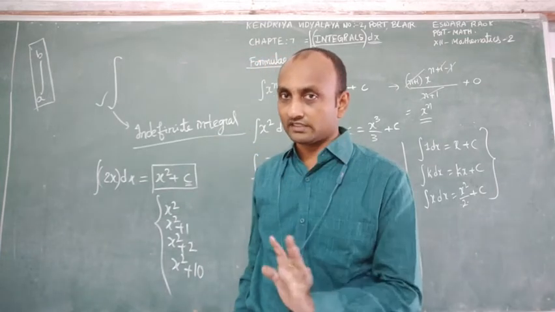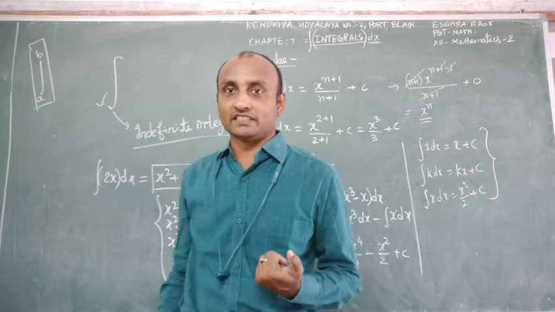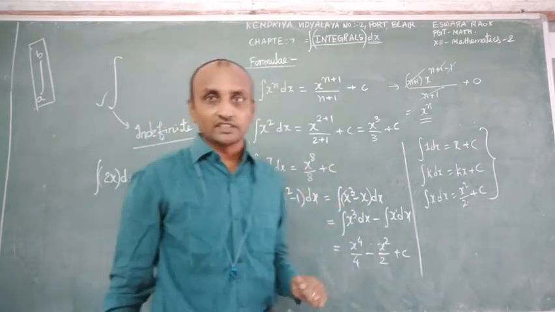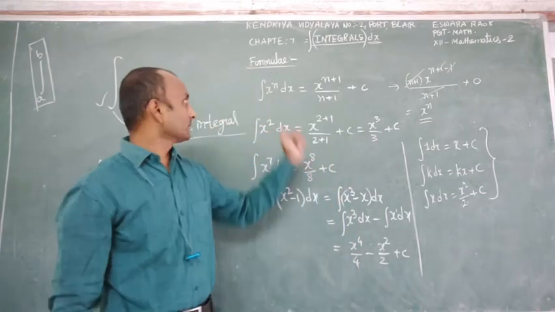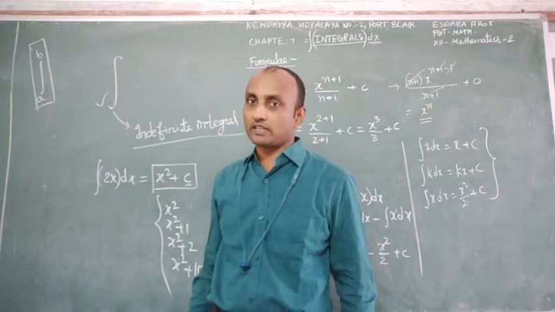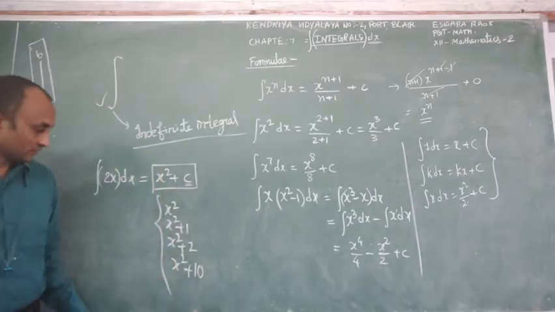Two parts are there in this integral chapter for us. So we are discussing indefinite integrals. We started with the introduction of indefinite integrals today. Right? In the quick formulas, just remember integration of x power n dx as x power n plus 1 by n plus 1 plus c. Right? Next.